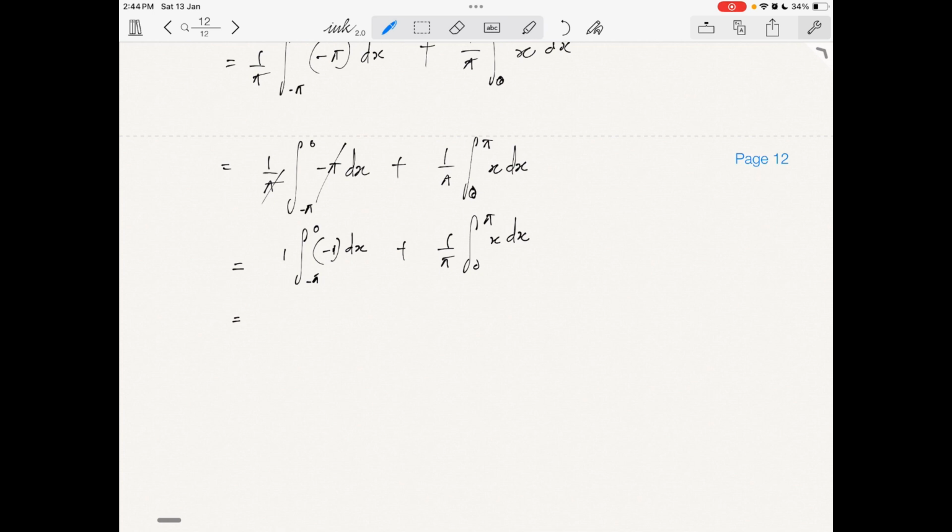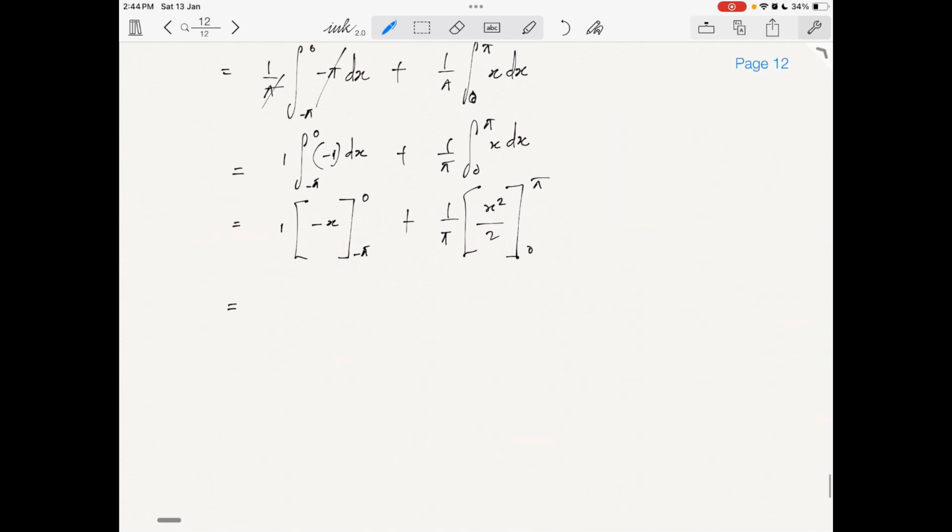When we integrate minus 1, we have minus x. So we have 1 into minus x from minus pi to 0, plus 1 over pi times, when we integrate x, x squared over 2 from 0 to pi.